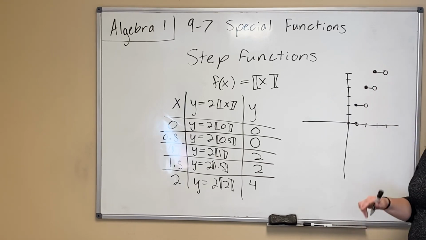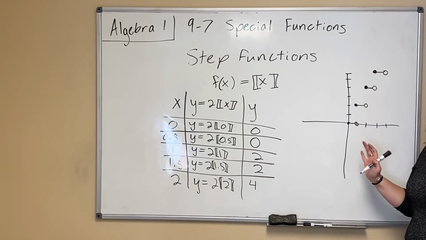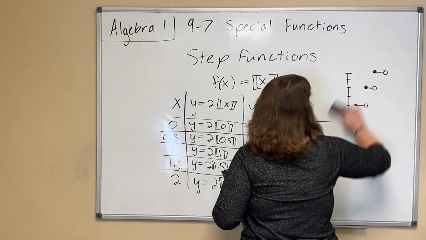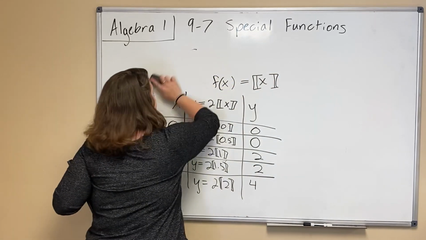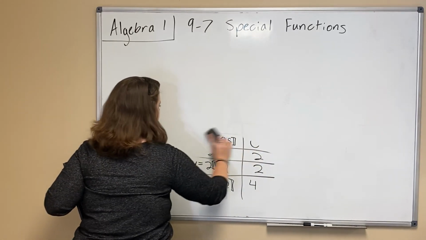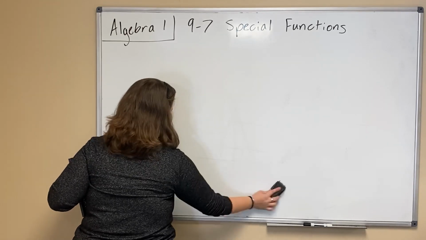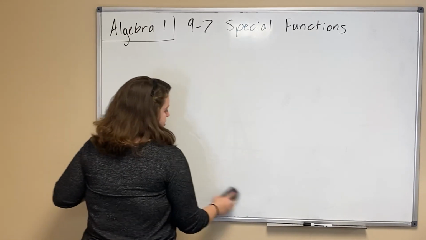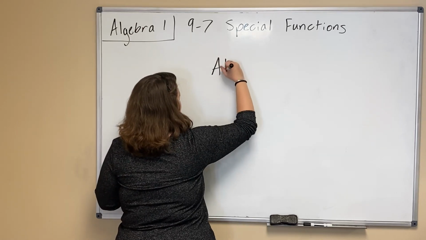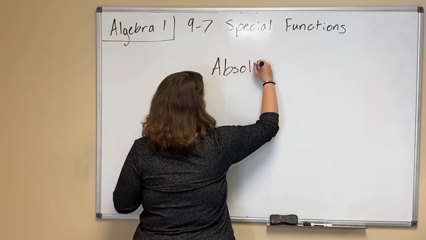Hopefully that's pretty clear. If it's not, feel free to reach out and I'll try to explain it a little better. The next kind of function we're going to look at today is called an absolute value function. Hopefully you guys remember what absolute value is. Just as a quick review, absolute value is the distance of a number from 0.